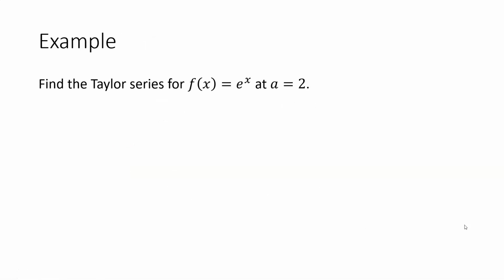Now let's suppose I want to find the Taylor series for f of x equals e to the x at a equals 2. Well, let's write out what that would be in terms of the formula.